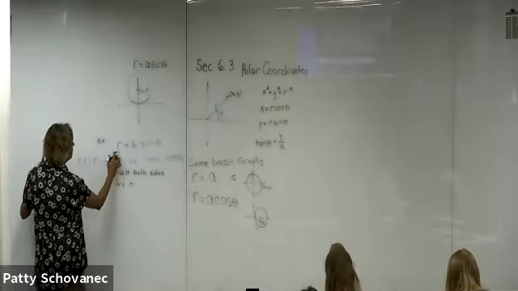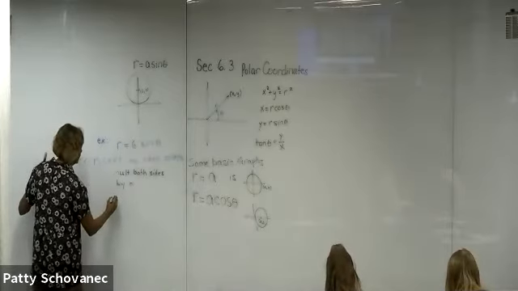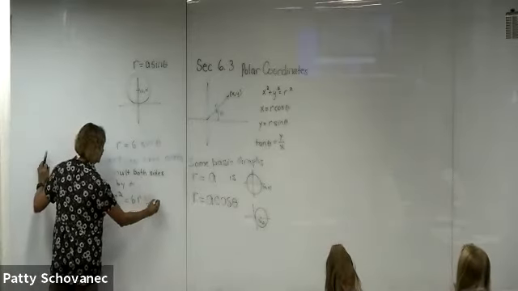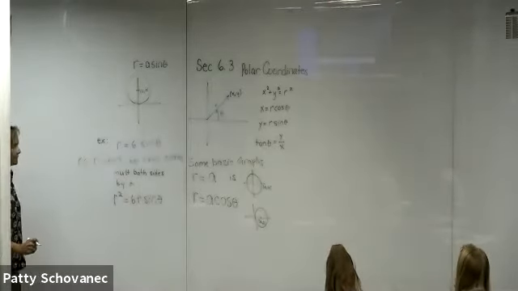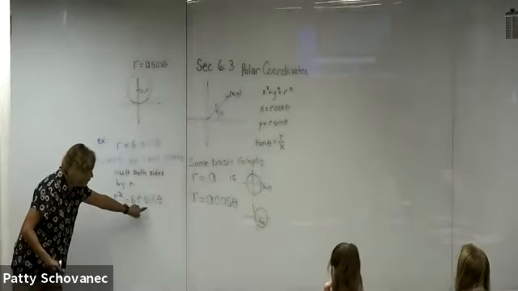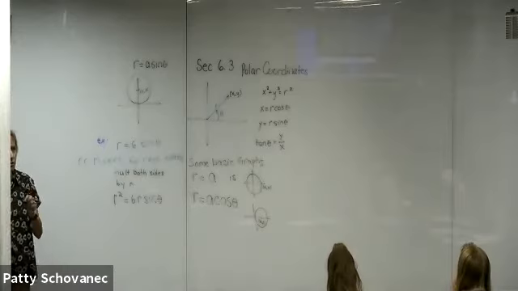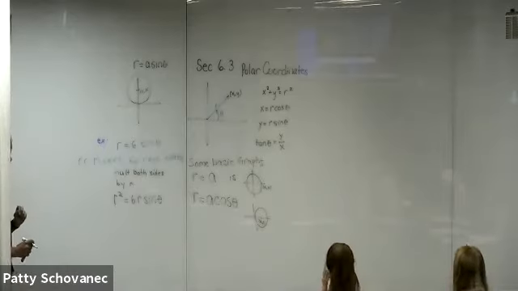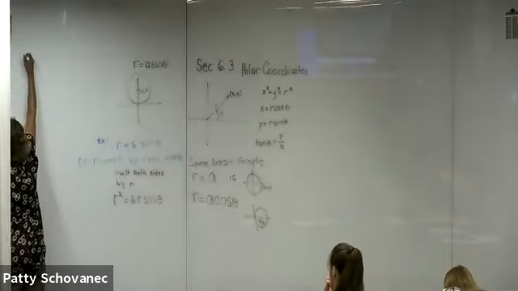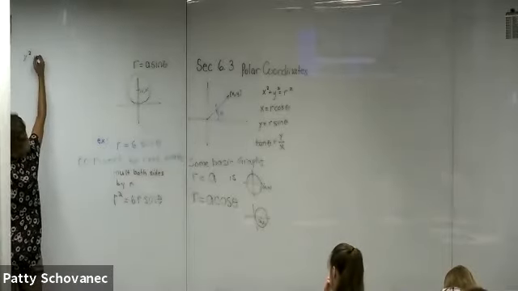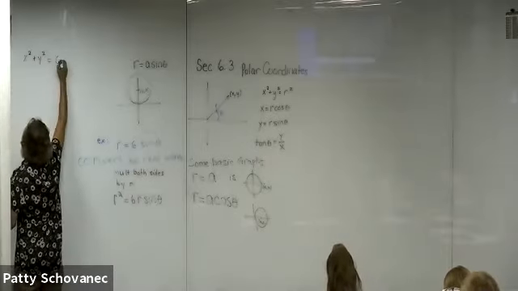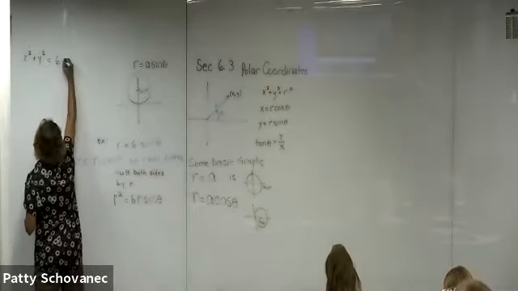So this becomes r squared, and I'm going to put the r right here. And I have a conversion to rectangular coordinates for both the r squared and the r sine theta. R squared is x squared plus y squared. R sine theta is y. So now x squared plus y squared is 6y.